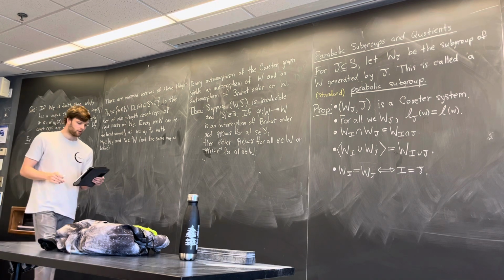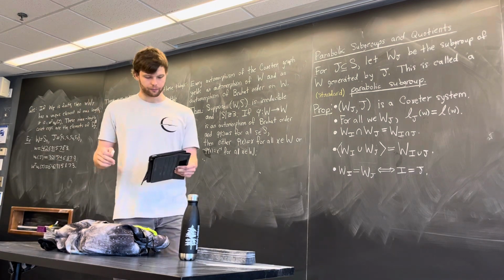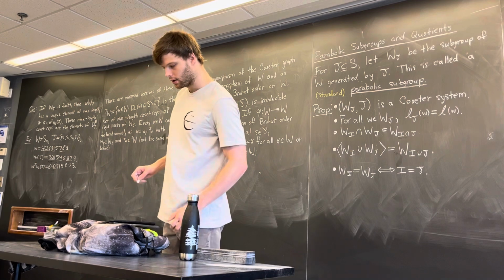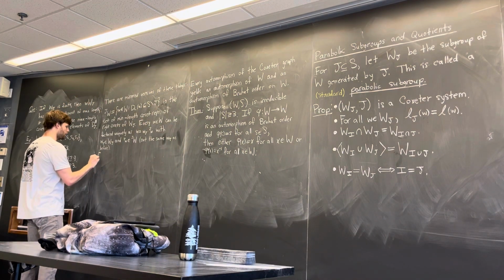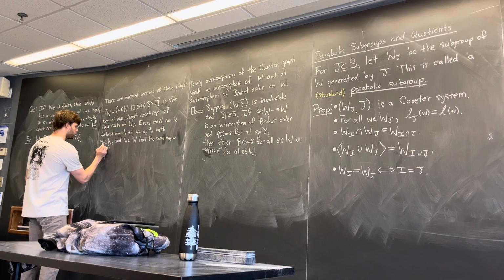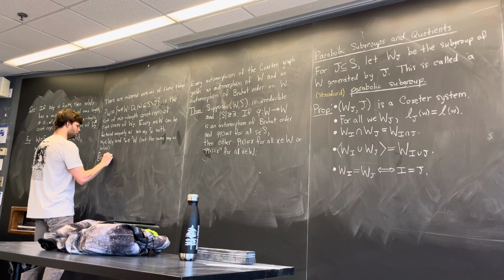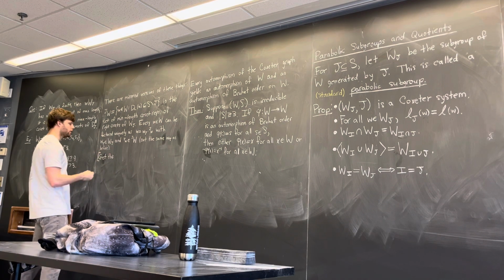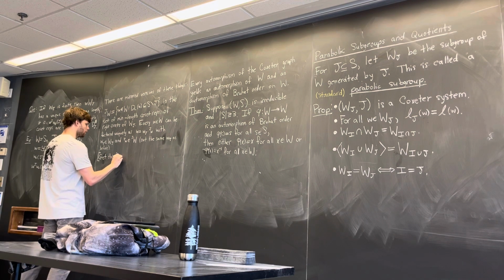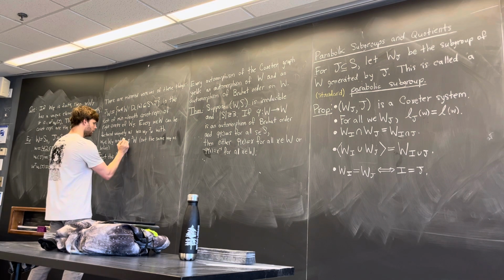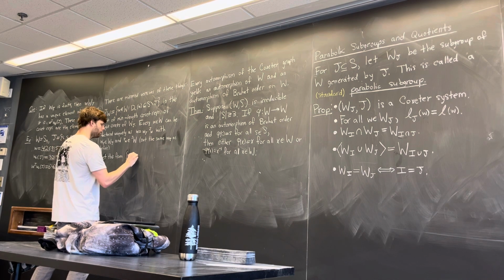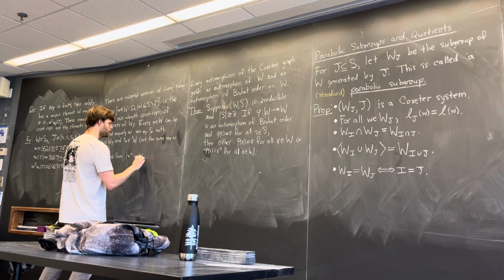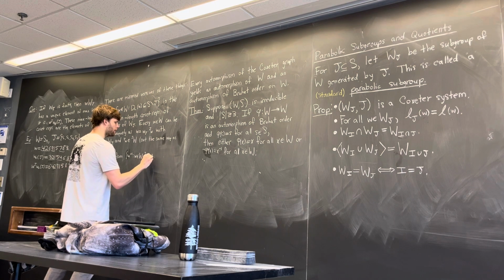Okay, and the way we get this is just by taking inverses. So I'll just say we get this from all of the previous results by using the fact that if I take the set of inverses of elements of my parabolic subgroup, that's just the parabolic subgroup, right?